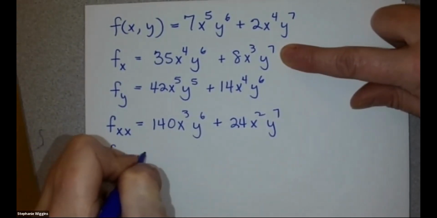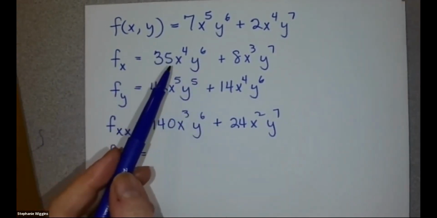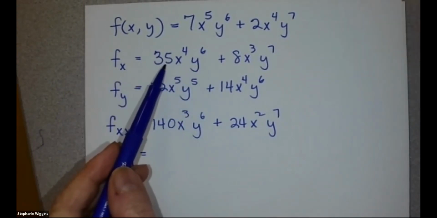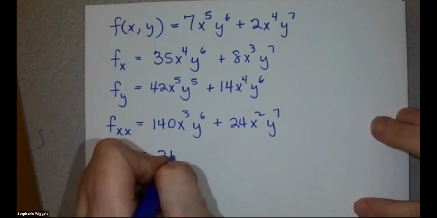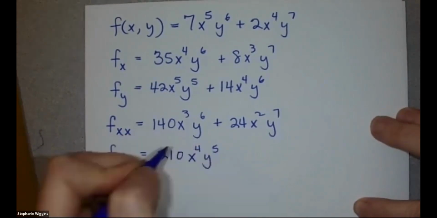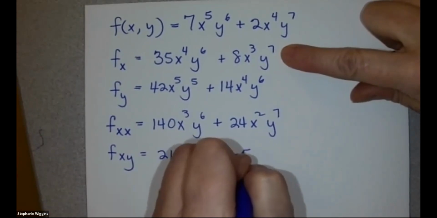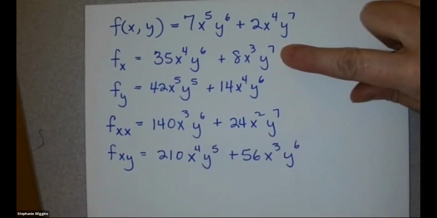But now with respect to y, they will change. This becomes 6 times 35 is going to be 210x to the fourth y to the fifth. And then 7 times 8 is 56x cubed y to the sixth.